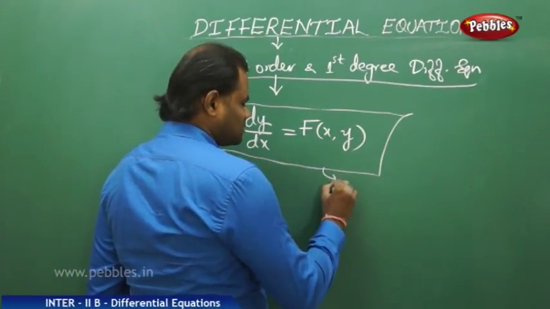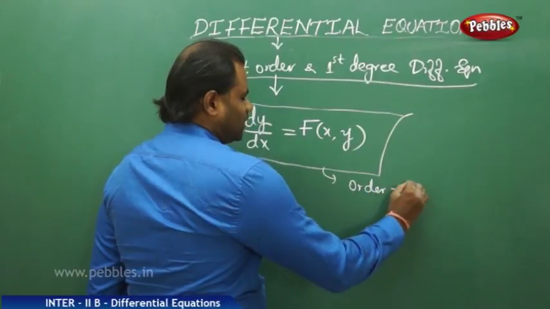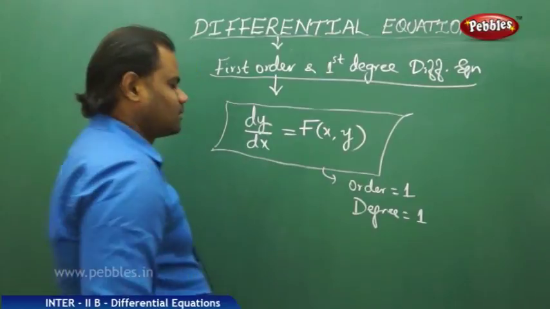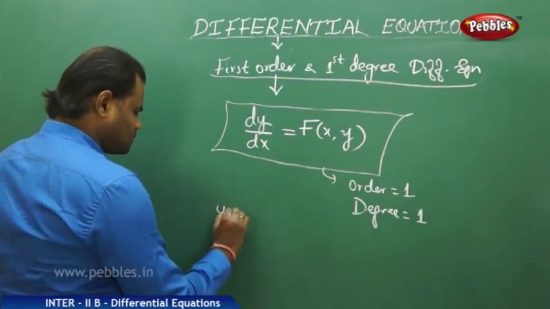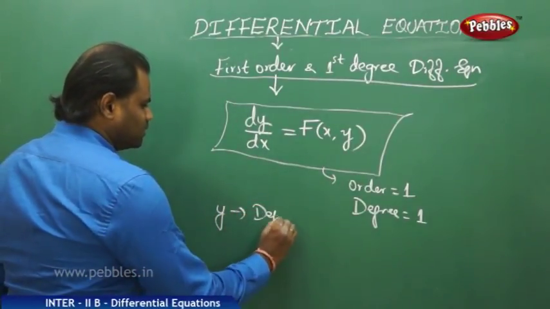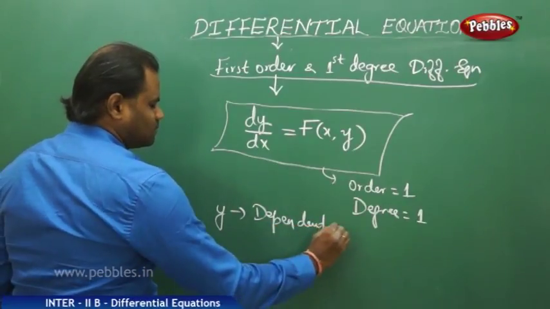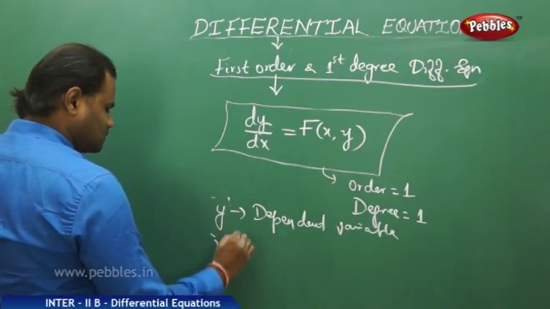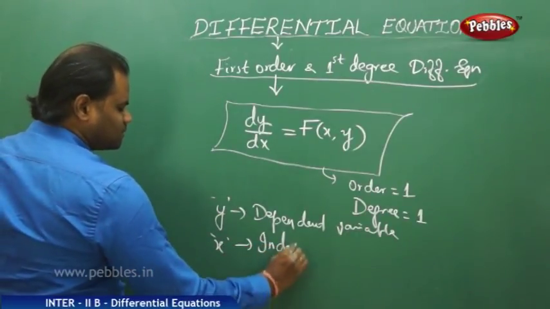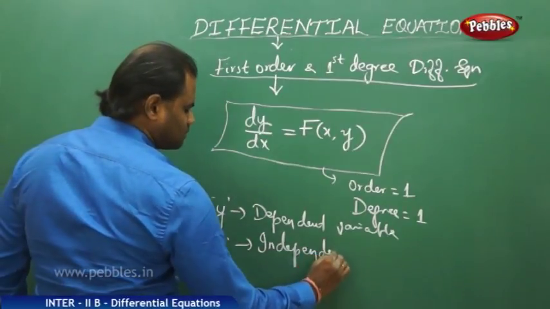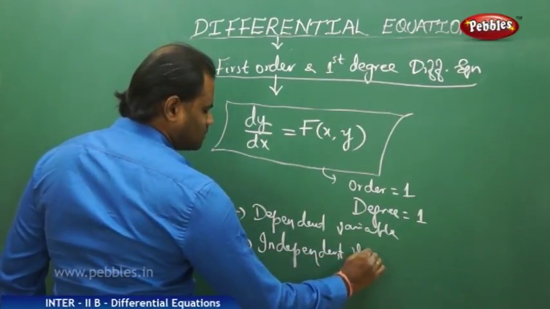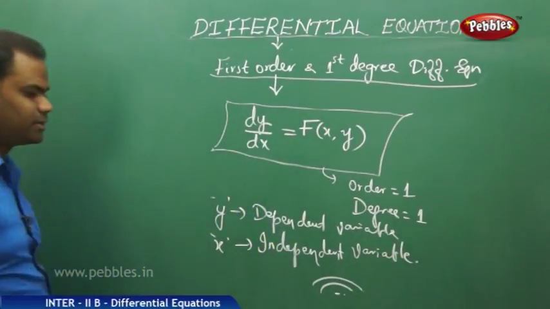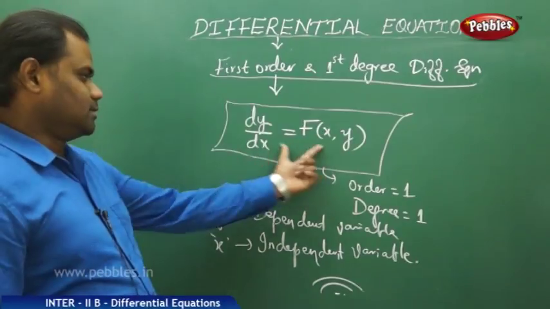So this is of order 1 and degree 1, and y is the dependent variable and x is the independent variable, is how we differentiate between them.